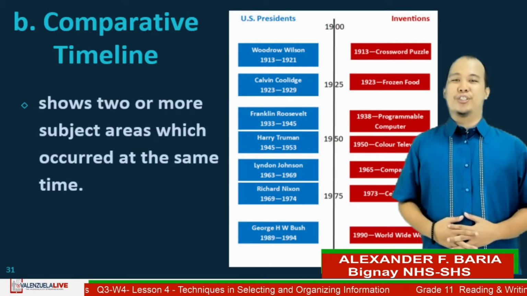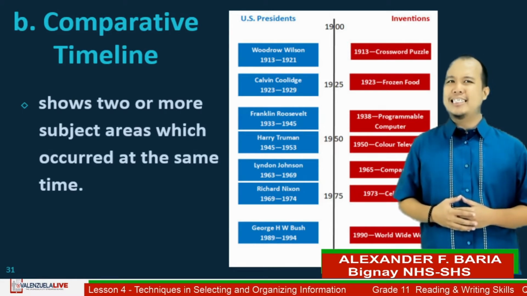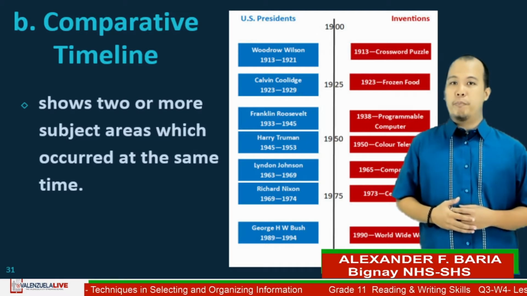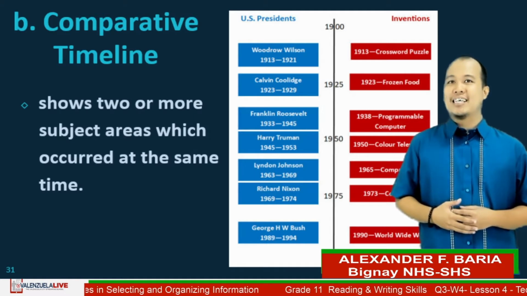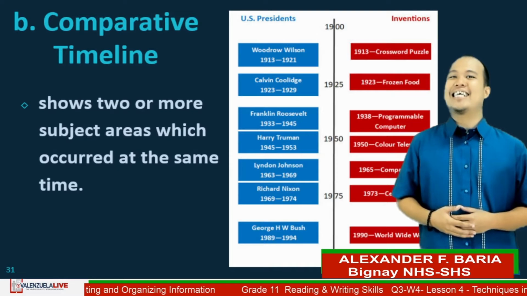Graphic organizers are very specific in contents and can present details in an organized fashion. Concepts are further presented for a more effective reading and writing experience, similar to our next technique, which is none other than the outline.